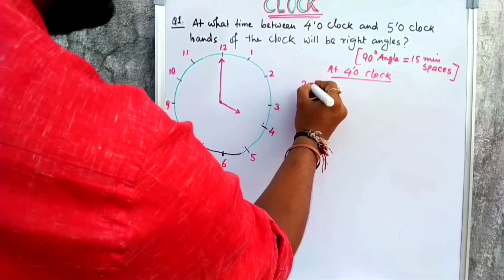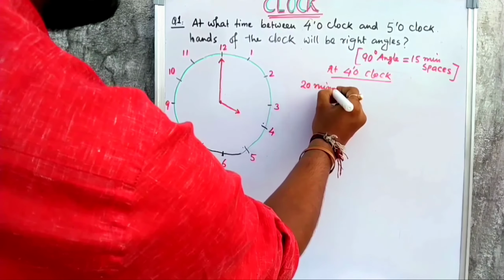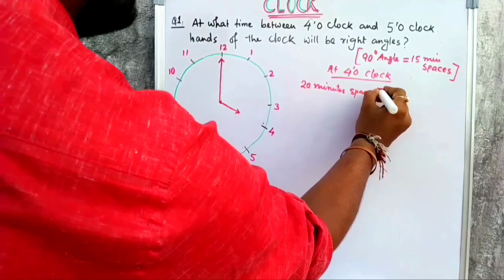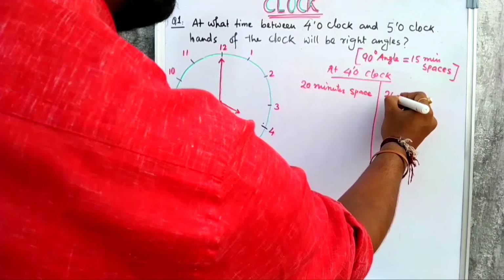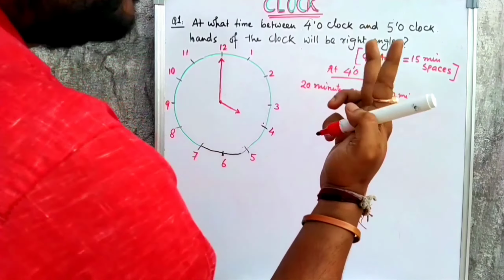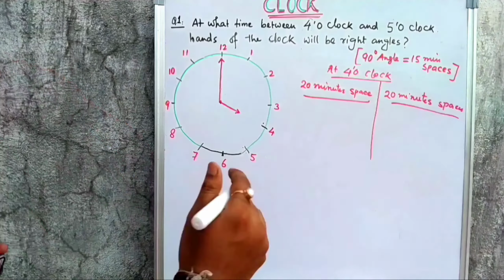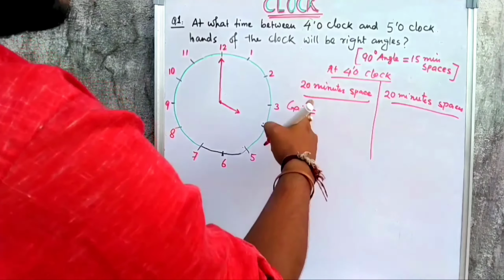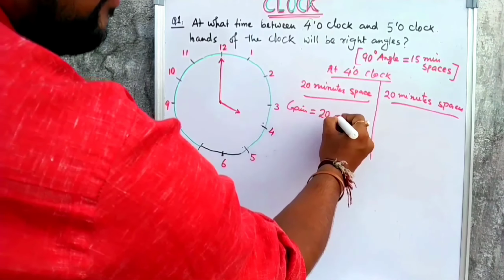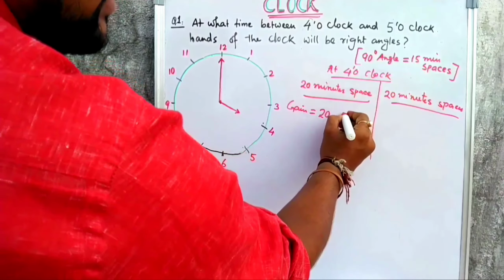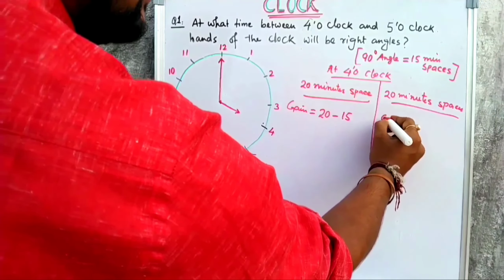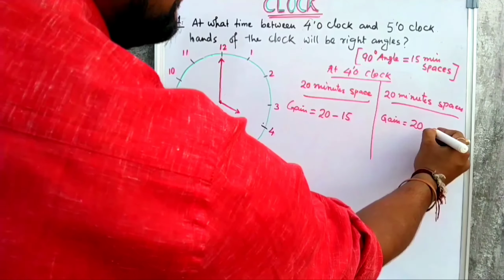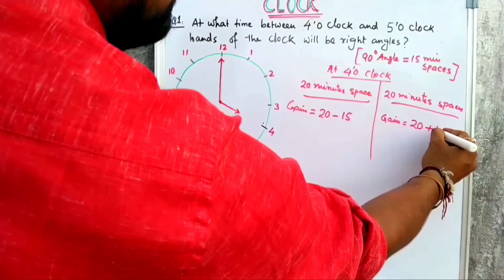Now this 20-minute space you have to write on the left-hand side as well as on the right-hand side, because we will get two right angles. So the gain formula is this 20-minute space minus 15, and here gain equals this 20-minute space plus 15.